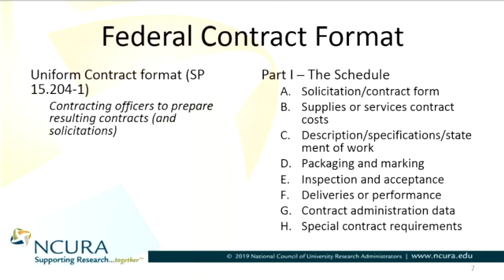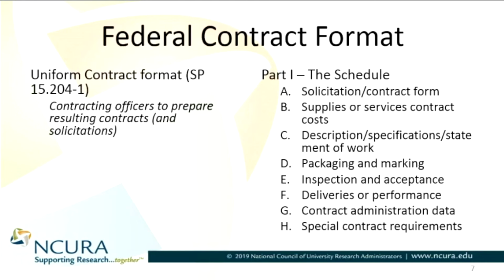your deliveries or performance. Here are, again, what your requirements are for the project as far as time, the place of delivery, and the method. It's specified in this section. Section G, contract administration data, is the required accounting methodology, including your payment and any appropriate data is specified.